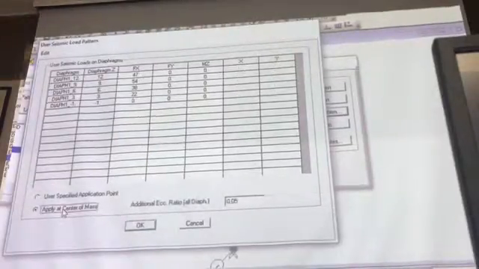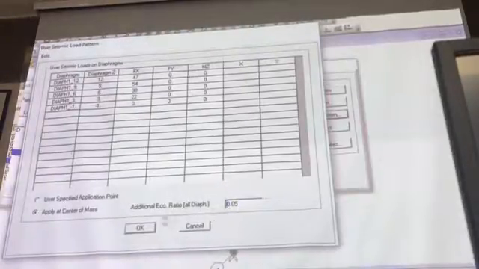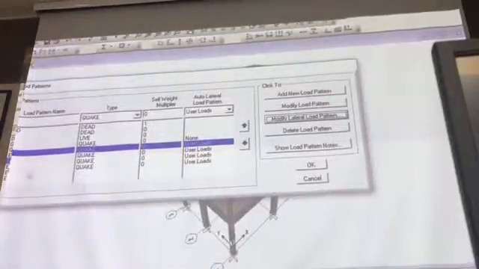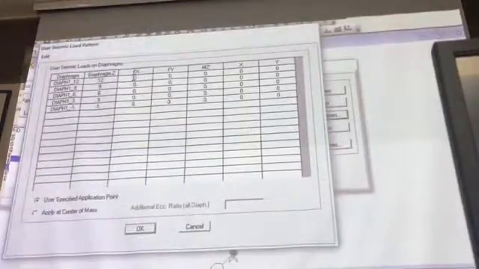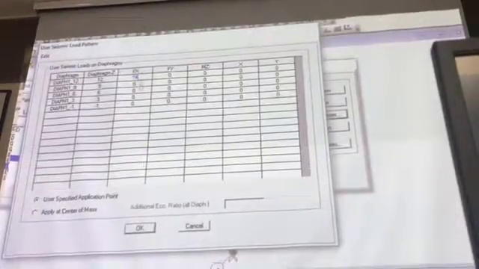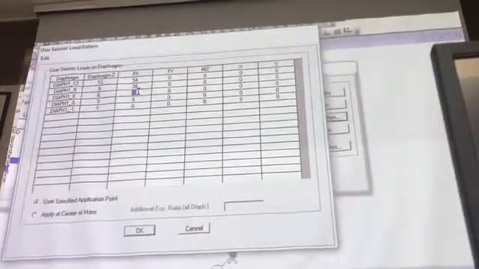And apply at center of mass. This is the eccentricity, 0.05. Okay, this is EXP. Now for EXN, same loads, 54, 38, 38. What was that?